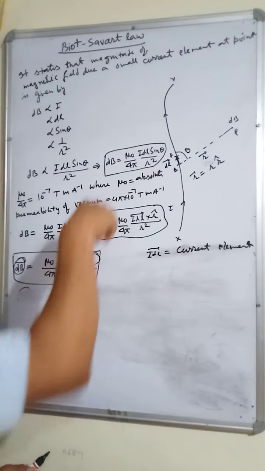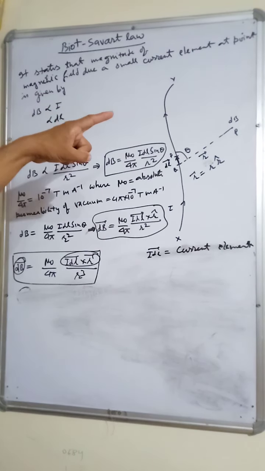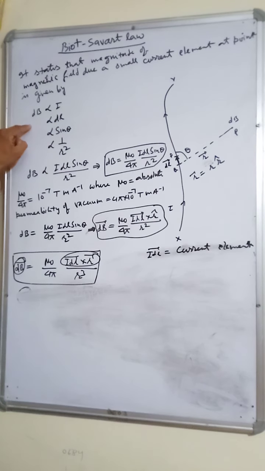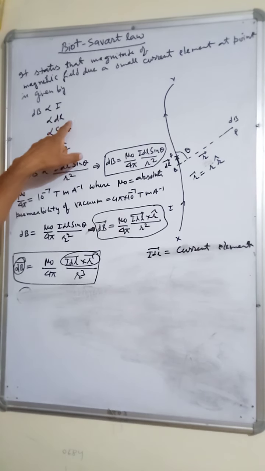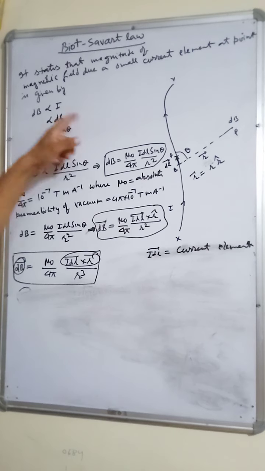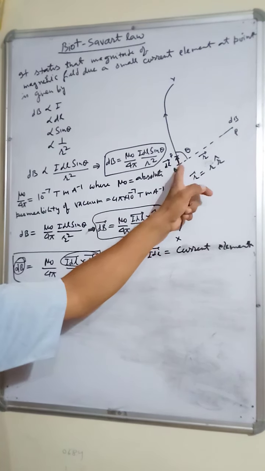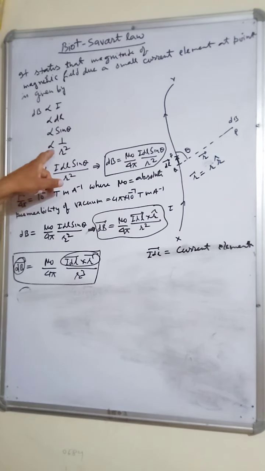It states that the magnitude of magnetic field at a point due to a small current element, dB, is directly proportional to the magnitude of current, directly proportional to the length of the current element, proportional to the sine of the angle between the position vector of point P from the conductor and the Idl, and inversely proportional to the square of the distance of the point P from the current element.